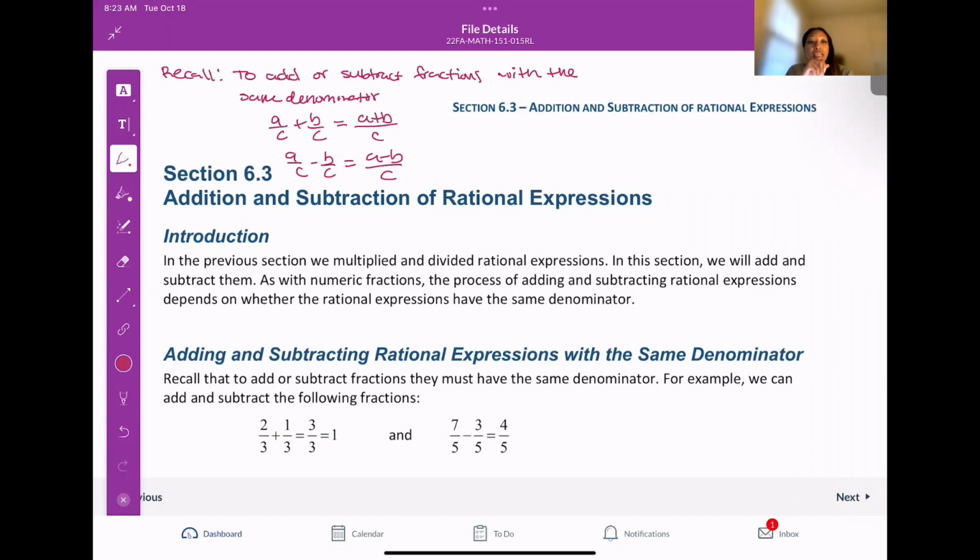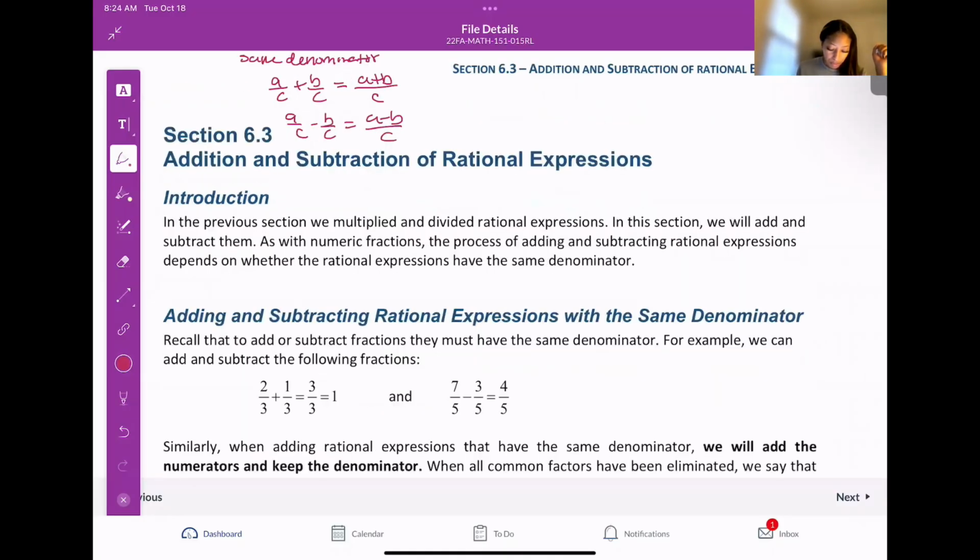Okay, so we'll start off by looking at addition and subtraction of rational expressions that have the same denominator. And then, of course, most of the rational expressions we look at won't necessarily have the same denominator. So we'll talk about how we can find the least common denominator, or the greatest common factor, or least common multiple, of the denominators, and then use that to help us make a common denominator and then add and subtract.